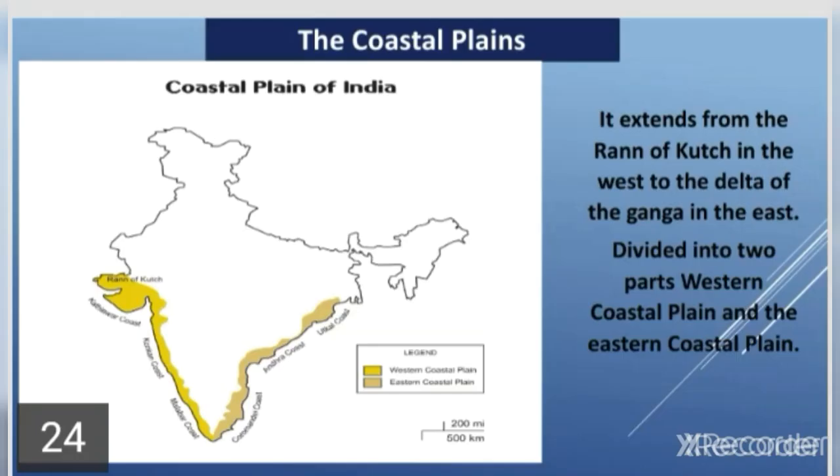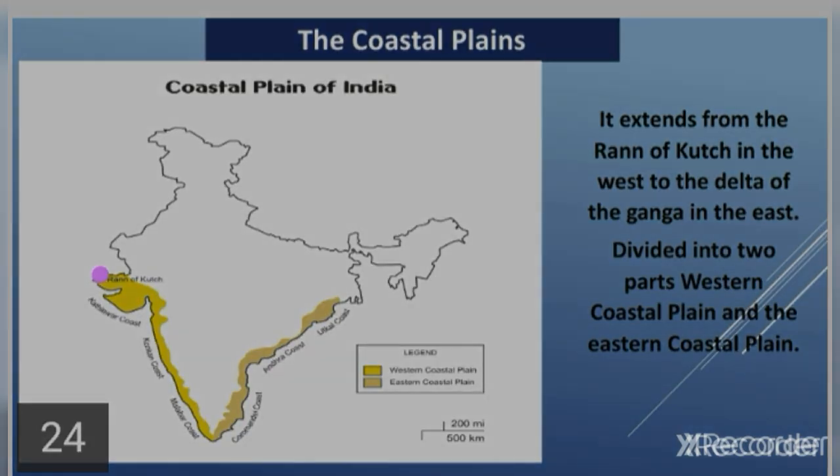Now let's discuss another physical feature of India, that is the coastal plains. It extends from the Rann of Kutch, here, in the west to the delta of the Ganga in the east, from here to here, which is in yellow in color.